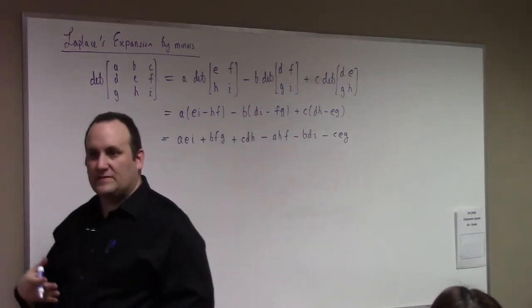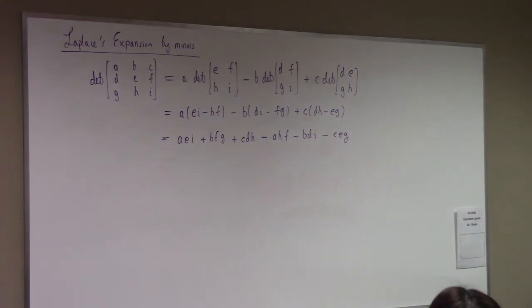Like I said, 3 pluses, 3 minuses, and you can even see the pattern if you look at it. Let me show you. There's a kind of cute trick for doing the 3 by 3 case, which I don't know how to TeX, so it's important I do this on the board.